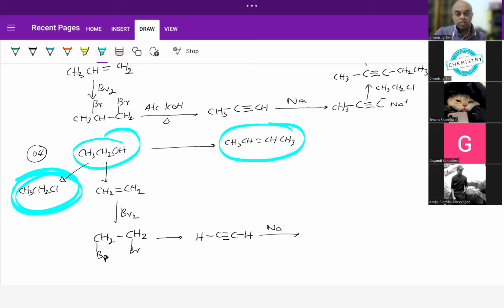So I can use that one in the conversions. So what I shall do is I add only 1 sodium here. Addition of both sodium atoms is also a possible result. To this one, I am adding this.